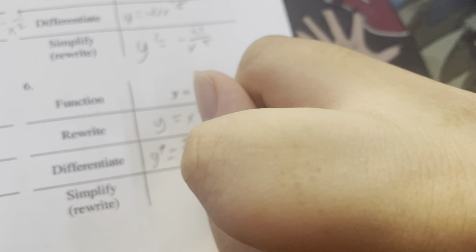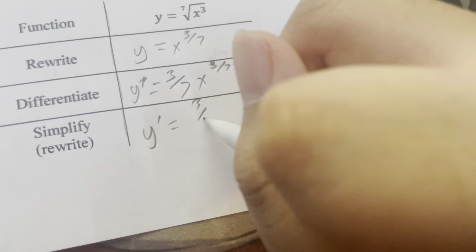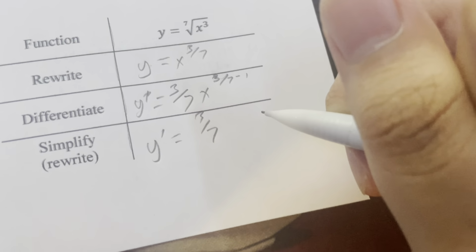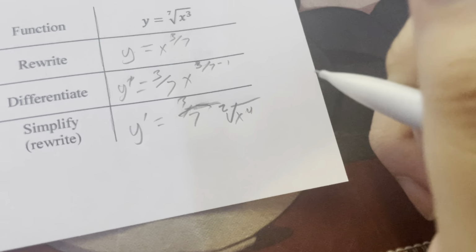That becomes 3 over 7 x to the power of 3 over 7 minus 1. Then we simplify that. That becomes y prime equals 3 over 7 times the seventh root of x to the power of 4.